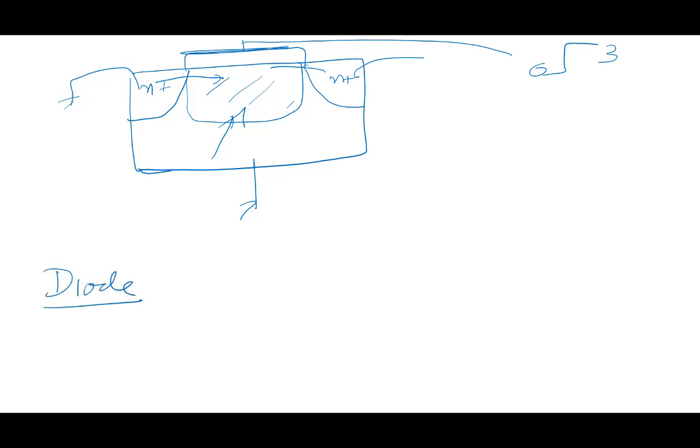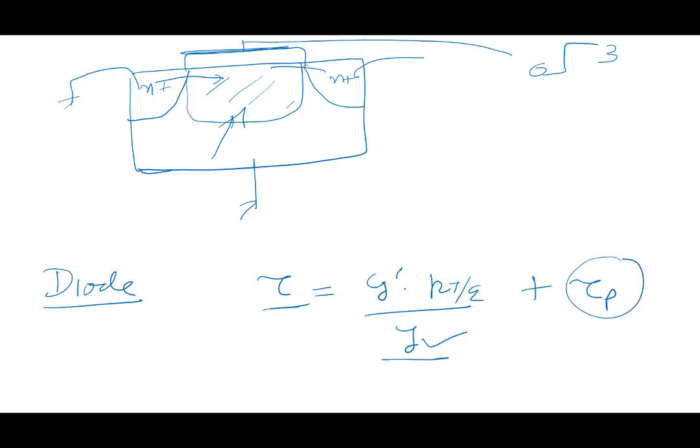In a diode, if you recall, the delay tau was the junction capacitance, kT by q by current density, plus the recombination lifetime. So if you want to make the diode fast, you can increase the current density and make the first term smaller, but then you'll ultimately get limited by recombination lifetime.